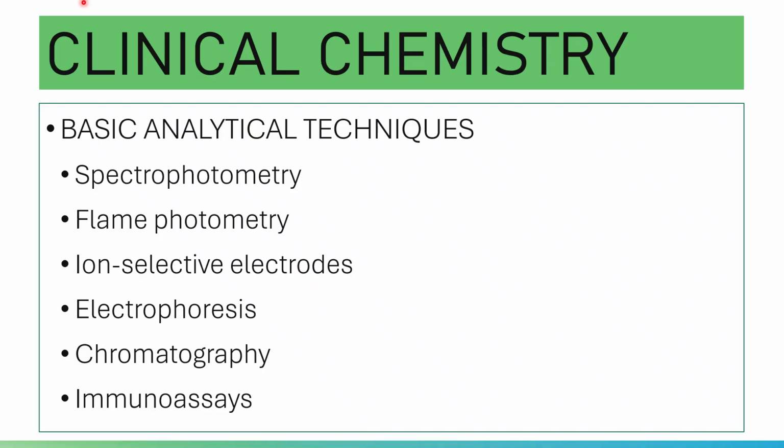For spectrophotometry, it measures absorbance of light by a colored solution at a specific wavelength. Please note that this one is based on the Beer-Lambert law, wherein the absorbance is directly proportional to the concentration.